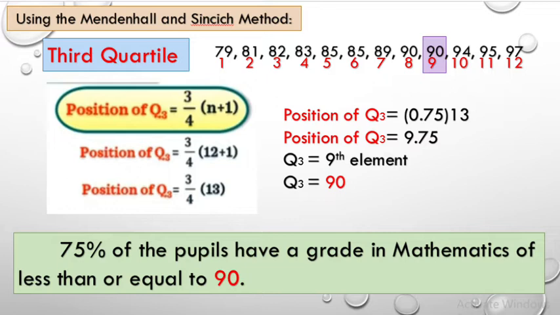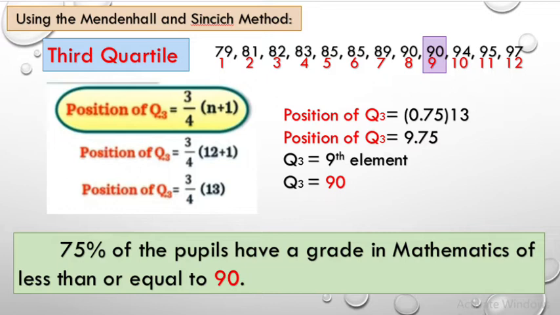I-convert naman natin sa decimal ang 3/4. So that is 0.75 times 13. And the position of quartile 3 is 9.75. Or nasa 9th element ang ating third quartile. So, what's the 9th element? 90.